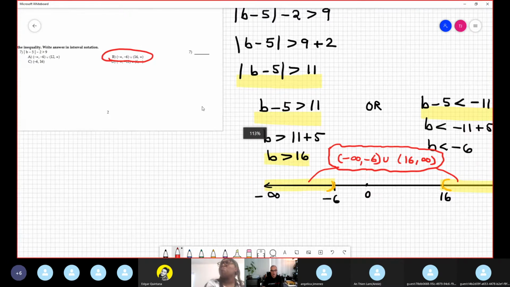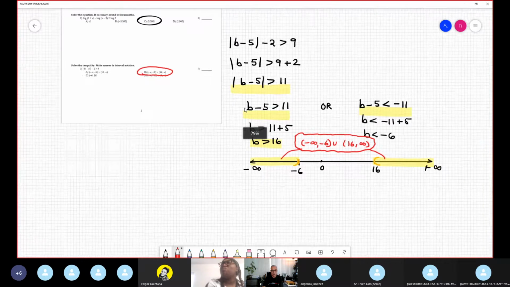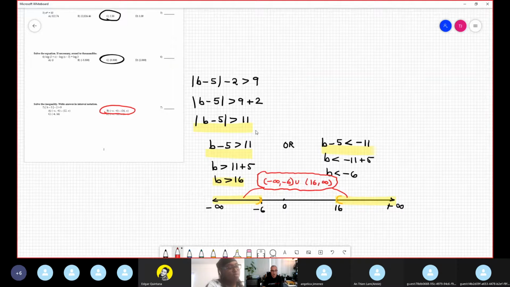Remember for the test, you don't need to do anything special. When you are doing your work on a piece of paper, you select the option that you consider correct. Any question, guys? Do you remember that part very well or no? Be careful, because see, this sign is different. This sign is less than, and it's a completely different solution.